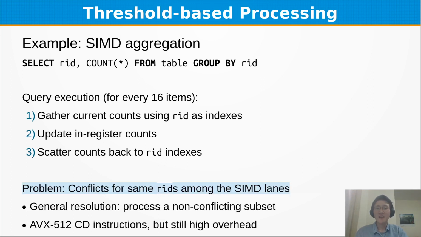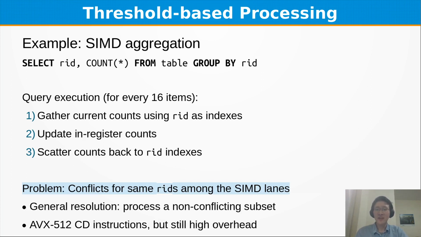However, if there are repeated data in the 16 SIMD lanes, then there's a conflict and we can't just add 1 to the counts. When we have data skew, this problem is more severe because the popular values are more likely to repeat in every 16 items.